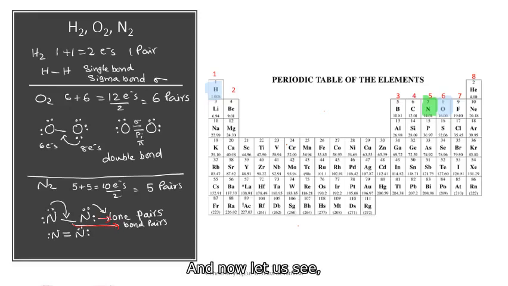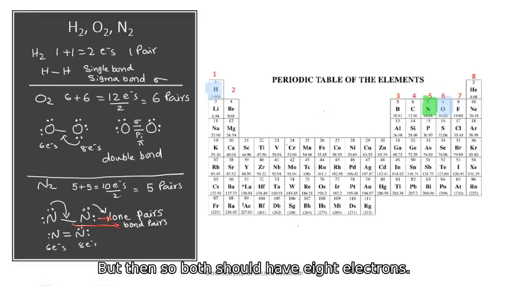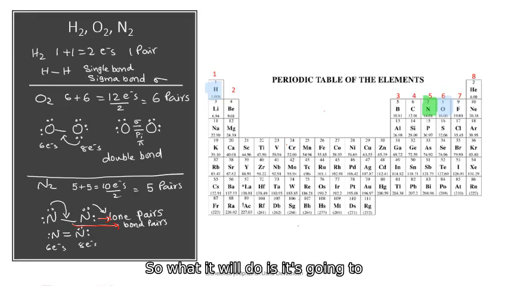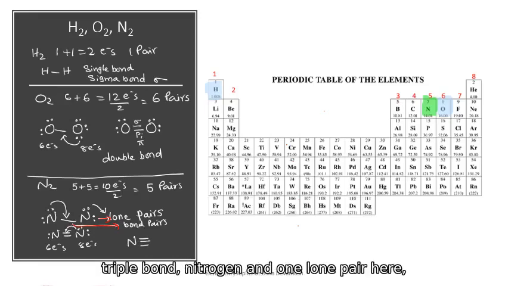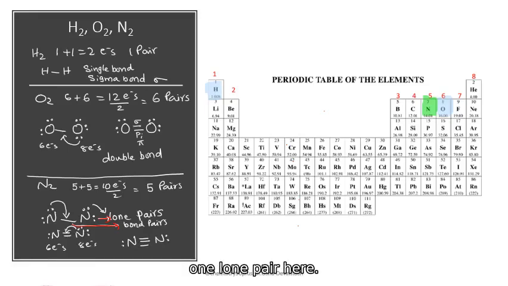Now let us see, is that satisfying the octet rule? 2 plus 2, 4, 4 plus 2, 6. Only 6 electrons around this nitrogen and 8 electrons for this nitrogen. Both should have 8 electrons, so it's going to transfer this one to the center as well. So we will have nitrogen triple bond nitrogen and one lone pair here, one lone pair here.